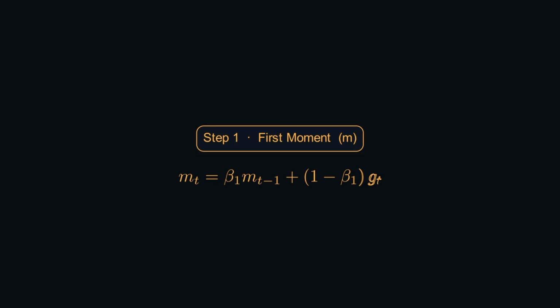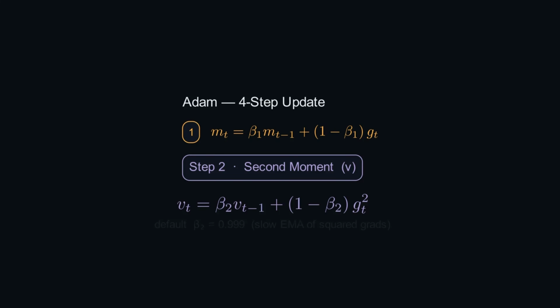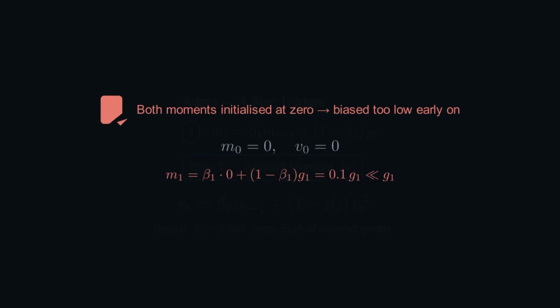The first moment is an exponential moving average of the raw gradients, exactly momentum, with a default beta 1 of 0.9. The second moment is an exponential moving average of the squared gradients, exactly RMSProp, with a default beta 2 of 0.999.